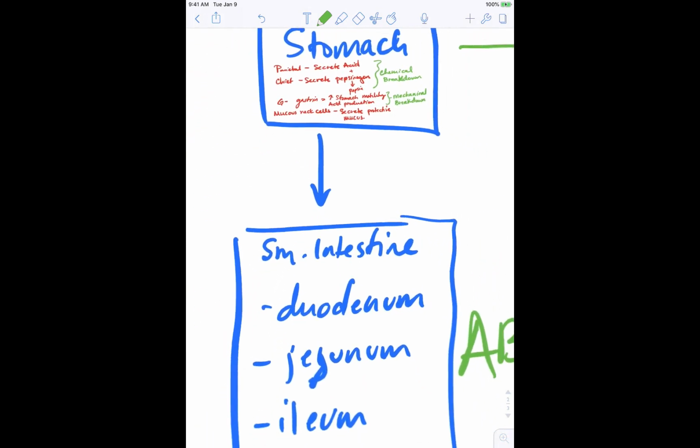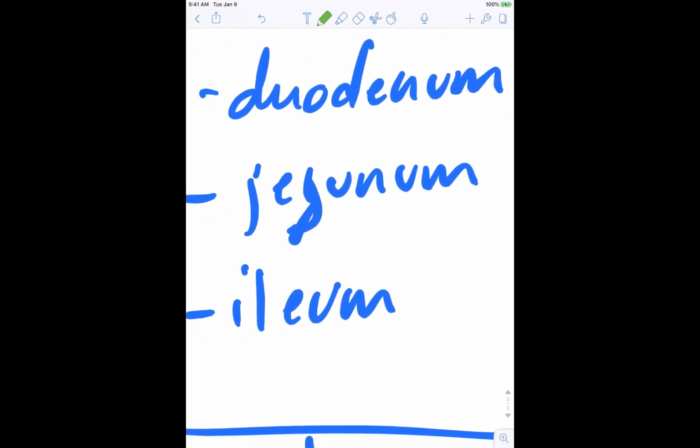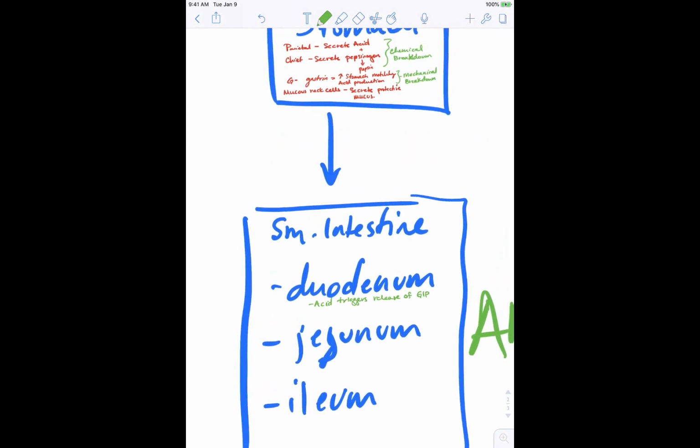Now that's where the small intestine comes into play. So when acid reaches the duodenum, it triggers the release of GIP, which inhibits gastrin. Now the stomach will be less mobile.